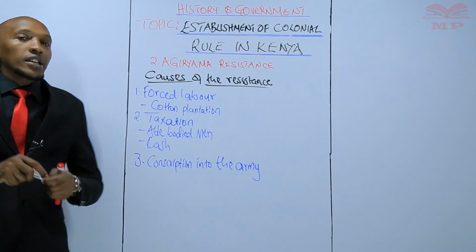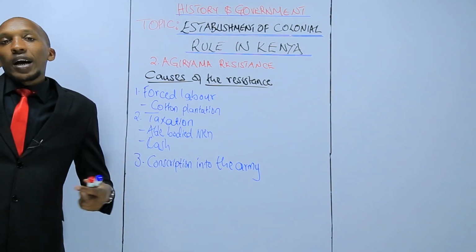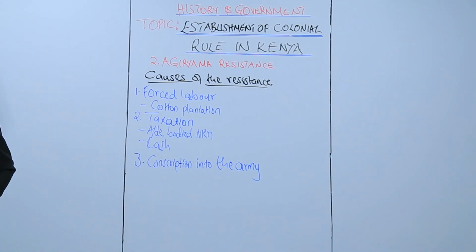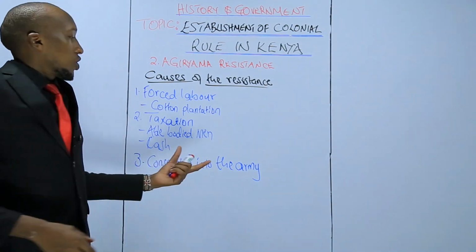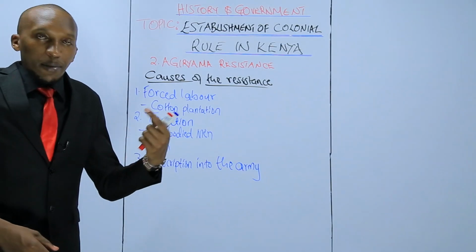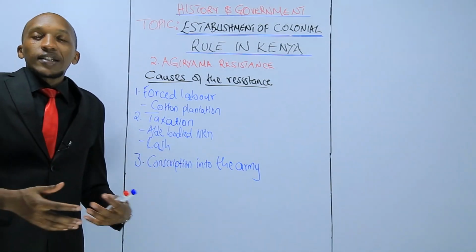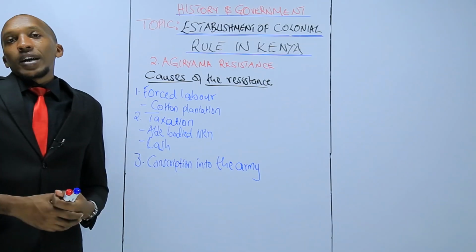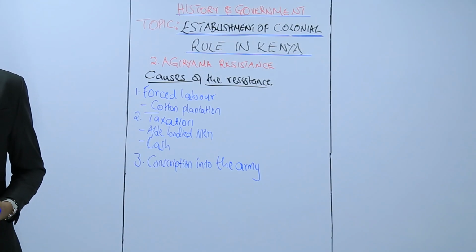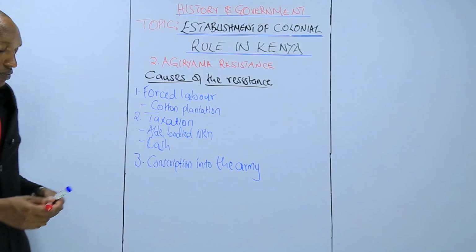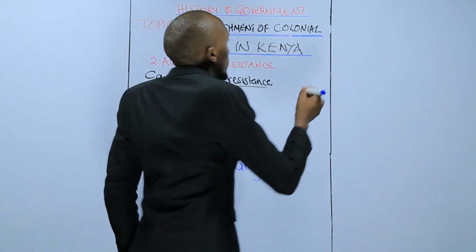They were forcing the men to join the army of the British as part of law enforcers. So this made them become angry. They were also being used by the British to go and participate in the world wars. So they could see the suffering of the young men, and this made them rise up in arms against the British.